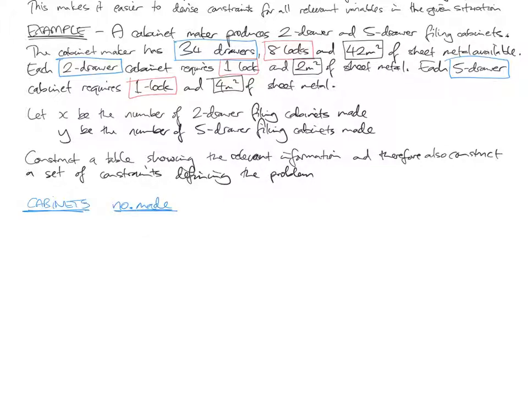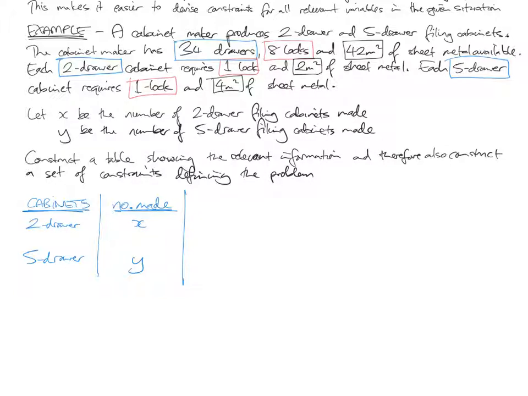So there's 2 kinds of cabinets, 2-drawer and 5-drawer. That forms one column. The number made, we're given in the question, is X for the 2-drawer and Y for the 5-drawer. What's next? That's defining the variables.